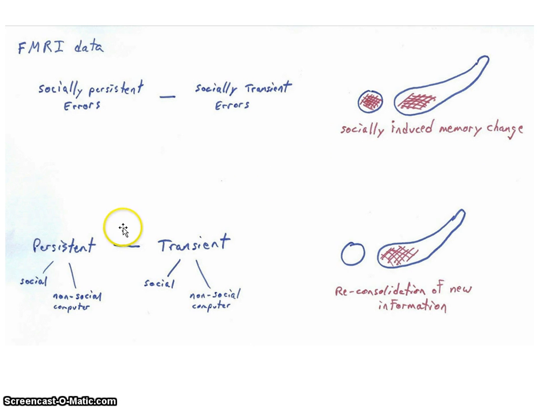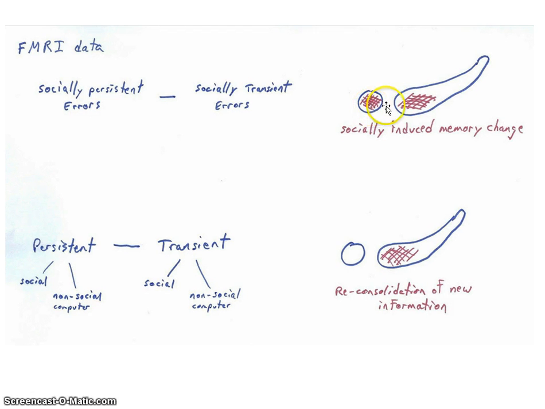By contrast, if you just take all of the people who showed persistent errors, whether it's through social feedback or the computer feedback, and subtract all those individuals who showed a transient error, right? So initially they follow the crowd here, but then they revert back to their original answer. If you do that subtraction, you get heightened activity in the hippocampus only. So one way to interpret this is that when we are faced with social feedback, with social information, that can trigger amygdala activity.